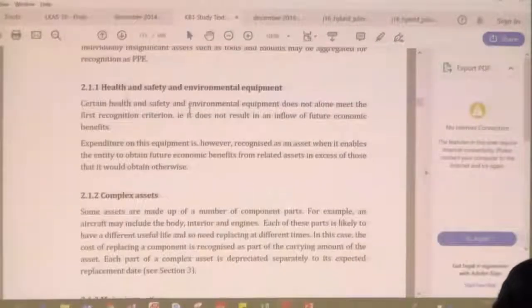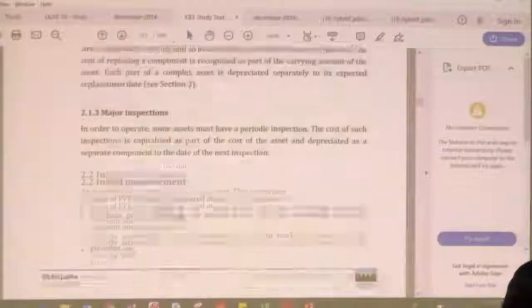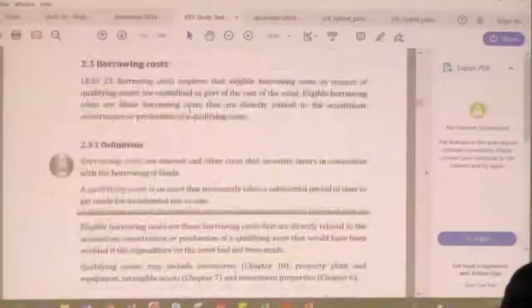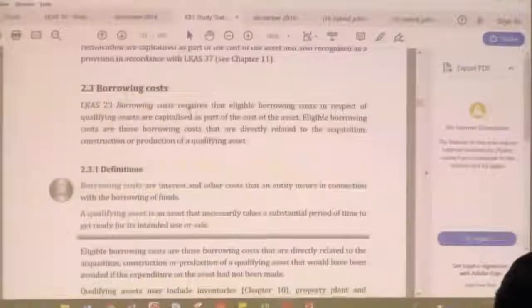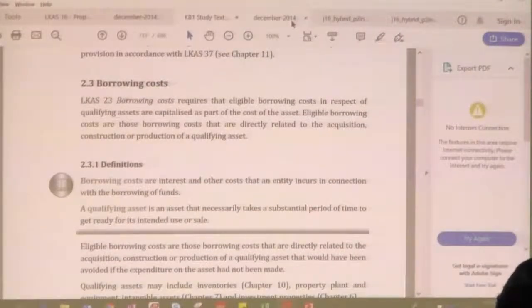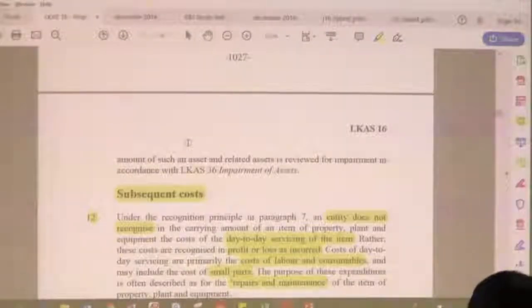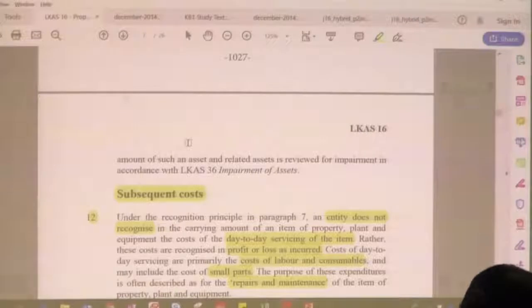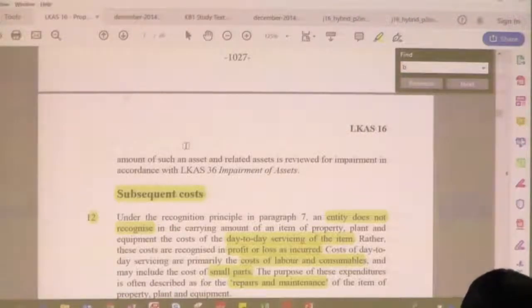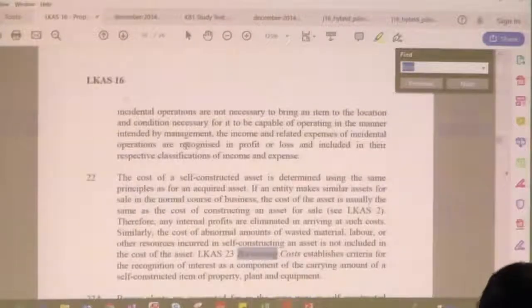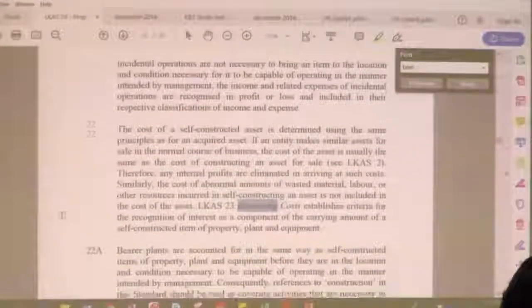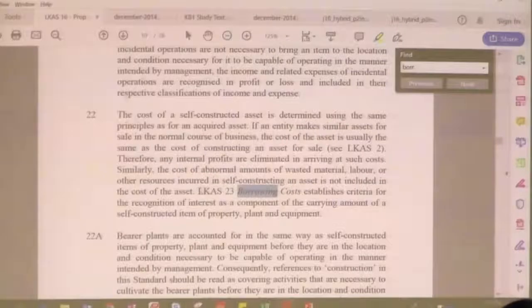Then another one you have, which is borrowing cost, right? I explained it to you yesterday, right? So in paragraph 22, paragraph 22 explains LKAS 23, right?